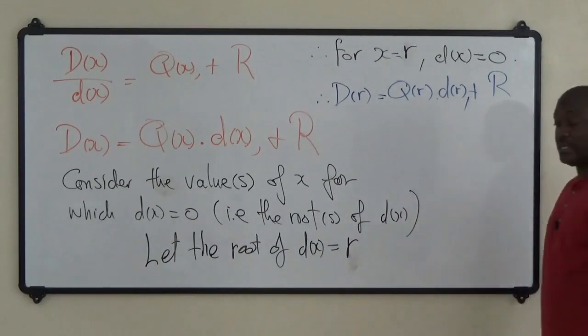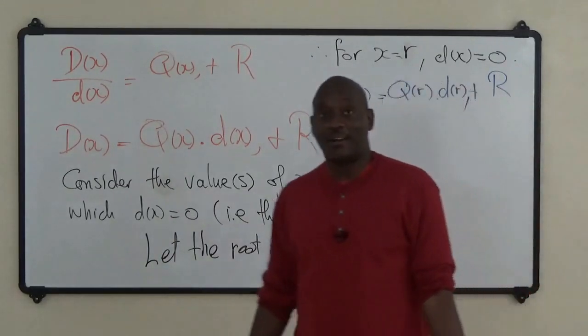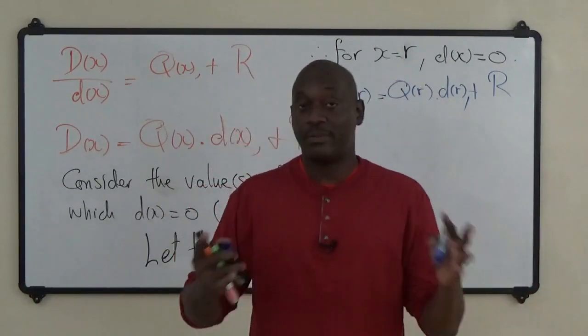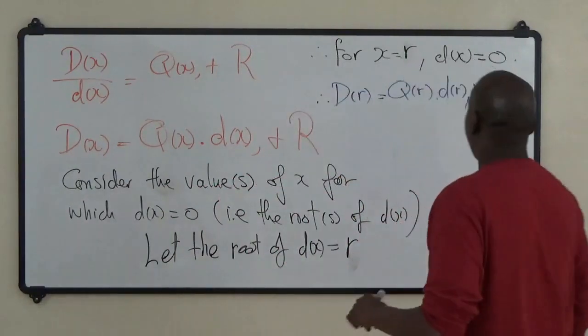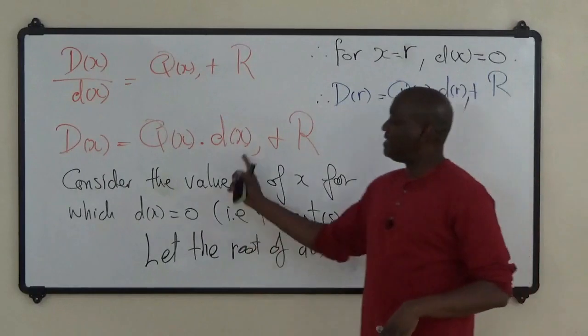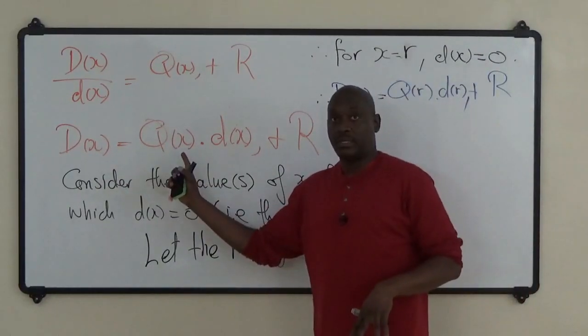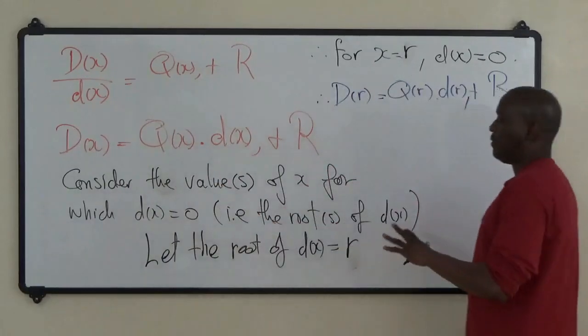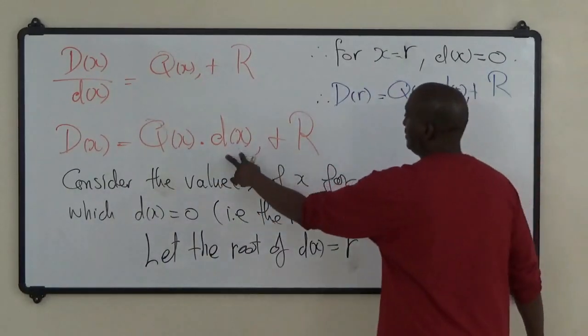So we can see that Sesame Street is brought to you by the letter R, right? R for root, R for remainder. So the letter R features prominently in this session here. Yeah? So this r is one specific value of the general x, that r being a value that makes d of x equal to 0.